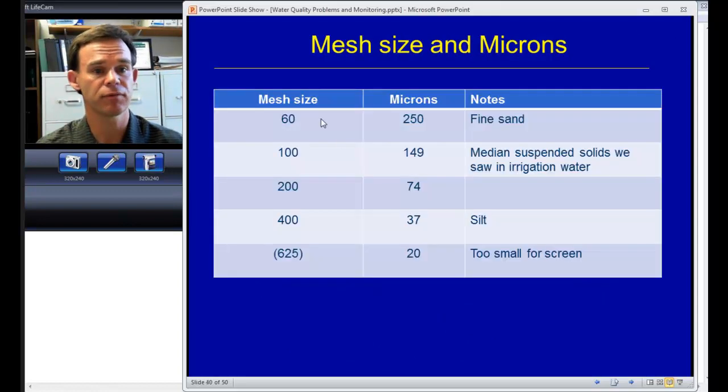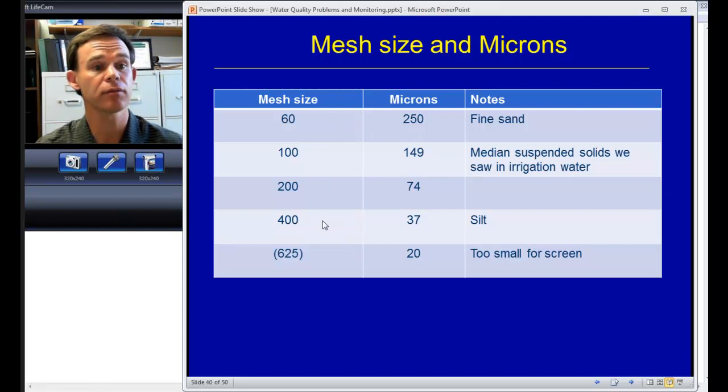Here's some units you might be familiar with: mesh size, microns, and then some notes about them. So we said 150 microns was about the median diameter of suspended solids we saw in irrigation water from several nurseries. It corresponds with a 100 mesh screen. Fine sand would be taken out with a 60 mesh screen. It's about 1/4 of a millimeter, or 250 microns.